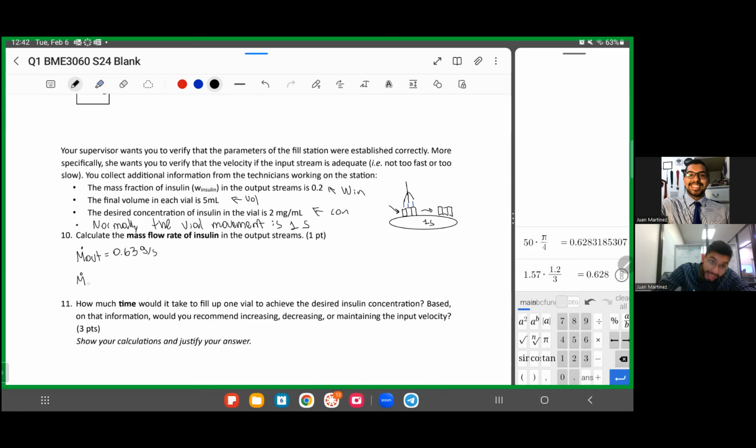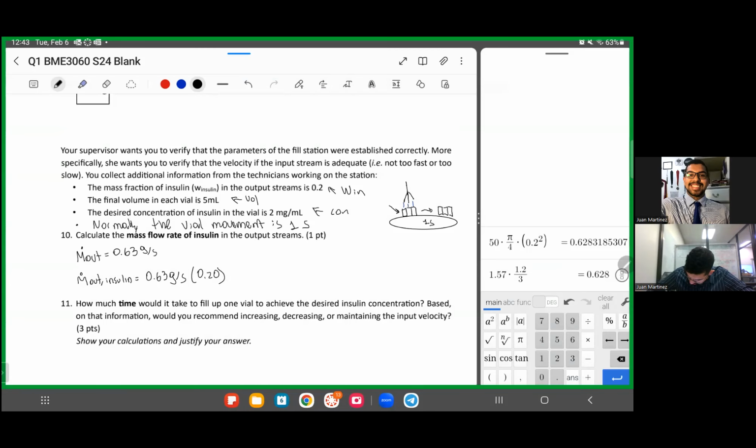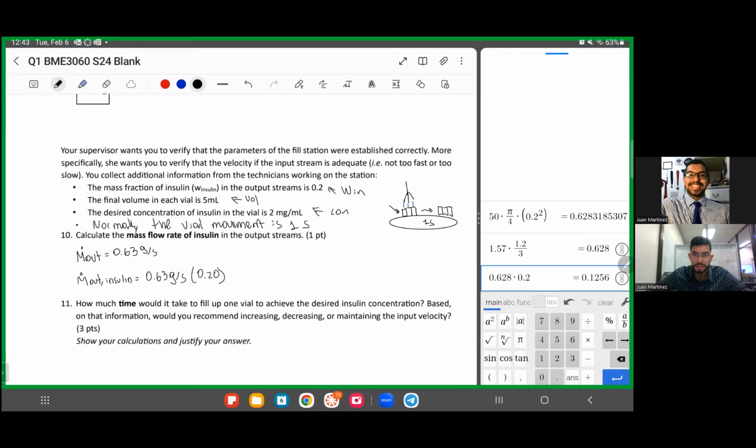But M out insulin, better said, is going to be equal to that number, whatever the mass was, times the mass fraction. So 20% of that. We can do it really quickly. 0.628 times 0.2, we get 0.126.